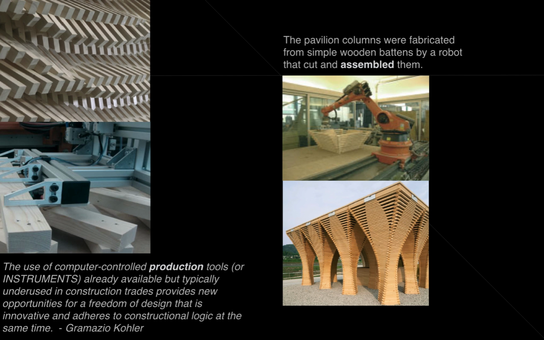Here is a project where not only the columns were fabricated out of wood sections, but also assembled by the robot. And that's very important because we frequently use numerical machines for making objects, but rarely we use for assembling for construction. This is a new field, this integration.